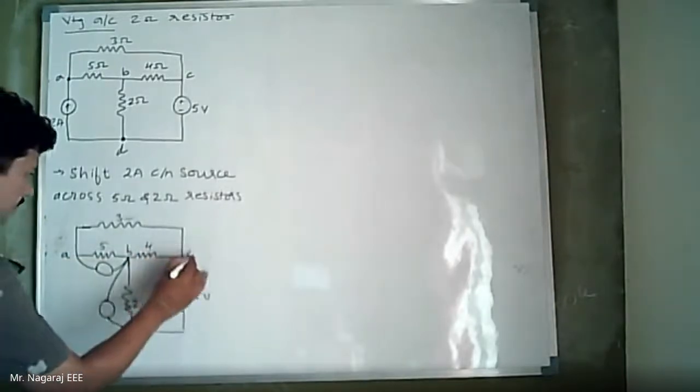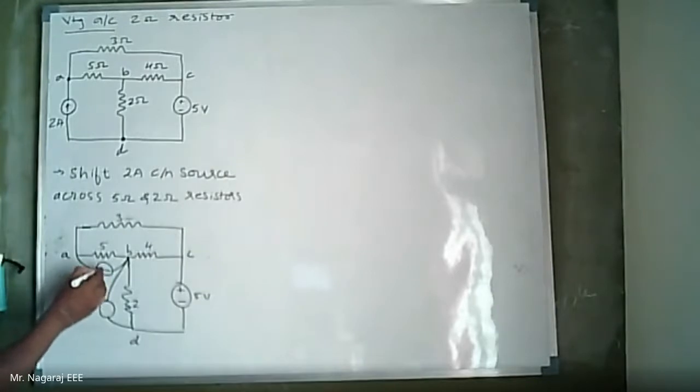Now at node A, the current should enter. There should be entering current, so this is 2 amperes. And at node D, the current should exit. This is 2 amperes. And the original branch where the source was originally situated.